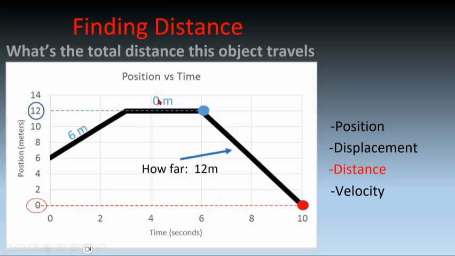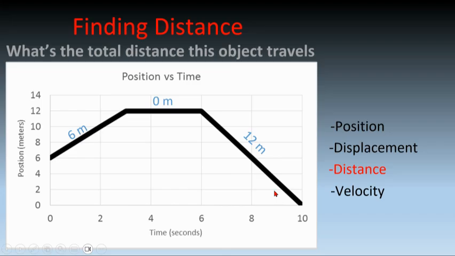We're going to keep track of these numbers when we find them. Then finally, he went from 12 meters back down to 0 meters. Now, I know he's going the negative direction, but with distance, we only care about how far, so we don't care about positive or negative, because positive and negative are just forward and backwards direction. So from 6 seconds to 10 seconds, his distance was 12 meters. And so we're going to keep track of that.